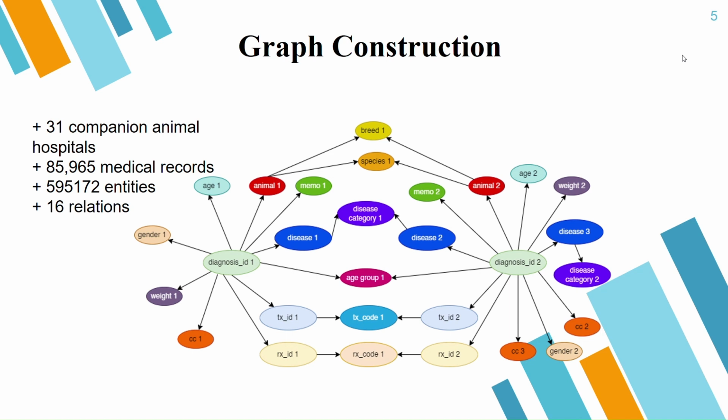And the medical information includes the age, gender, weight, the CC, which means the chief complaint, the animal information, the disease, memo, the treatment, and the medicine.